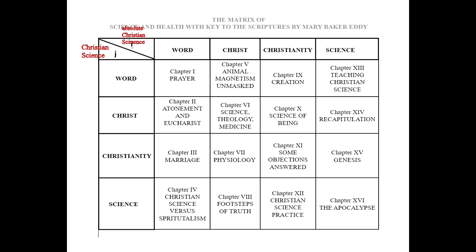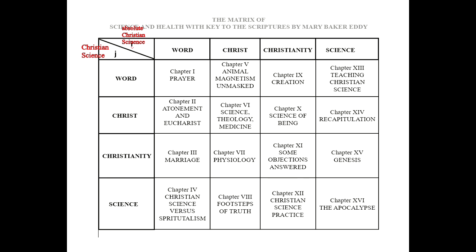Index J, including all of those values that run along the left-hand side, are from the standpoint of Christian Science. So we really have two indices, don't we? Two indexes, an I and a J, absolute Christian Science and Christian Science.